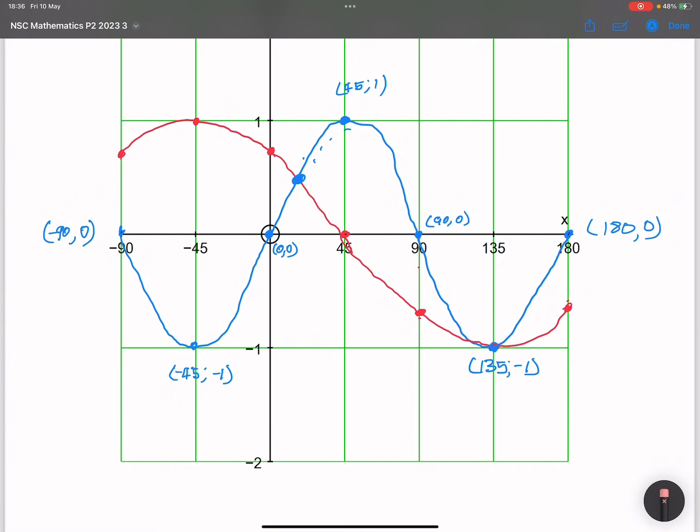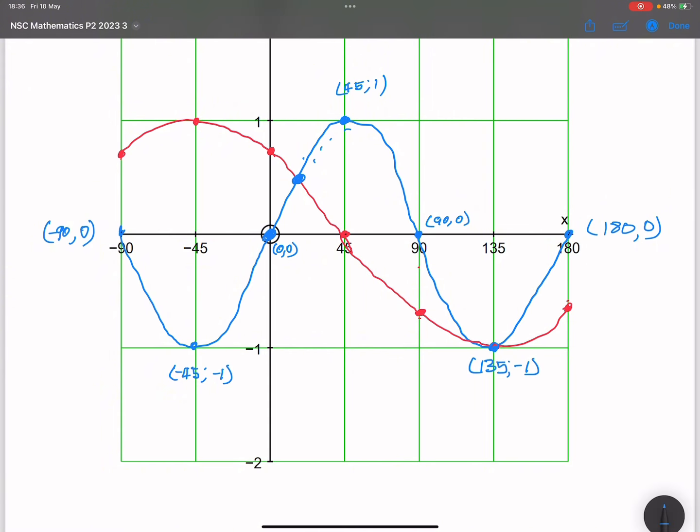I can see from negative 90, the red graph is positive there, and the blue graph is negative, up until we get to 0 for the blue graph. This one was negative and the other was positive.